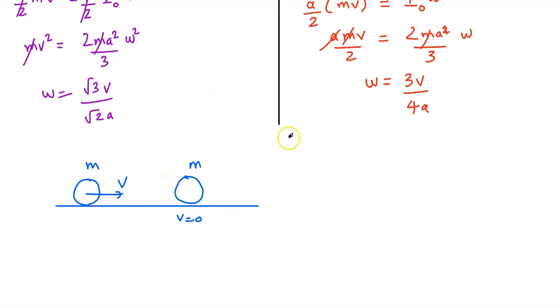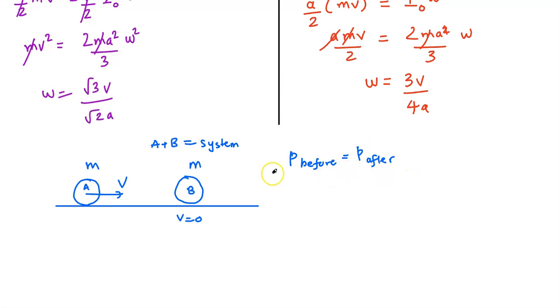So the common thing to do would be to say, okay, these are two particles, and if we consider them as the system, then there's no net external force on the system. So the linear momentum before collision should be equal to the linear momentum after collision, because there's no external force on this system. Any force that they apply on each other is all internal, because we have defined A plus B to be the system.